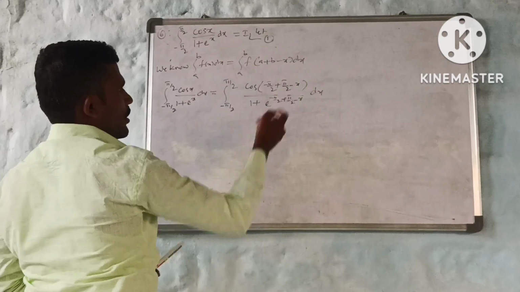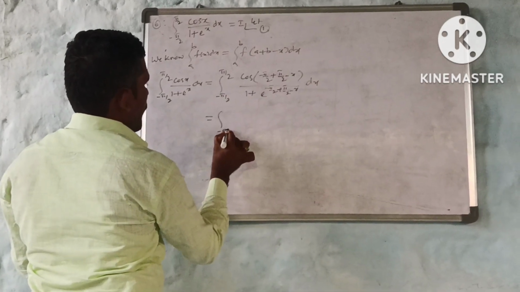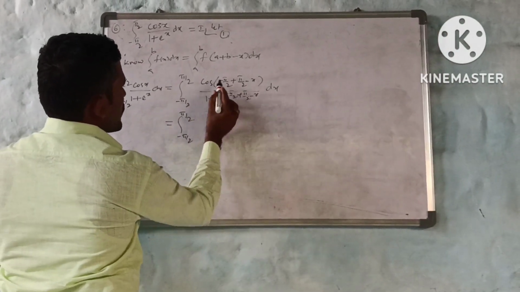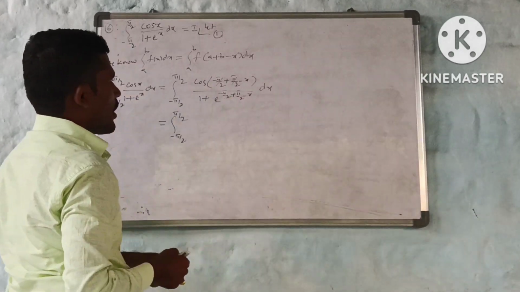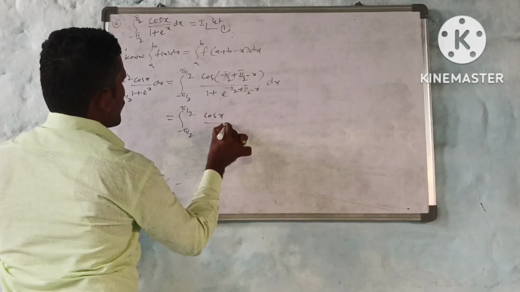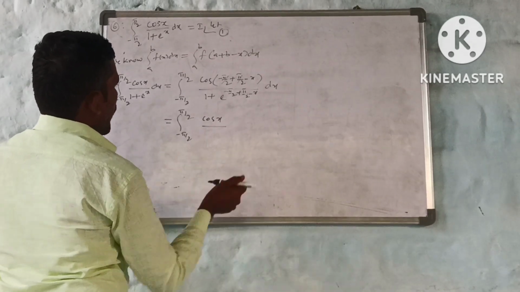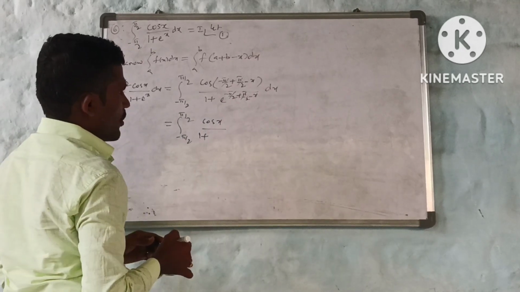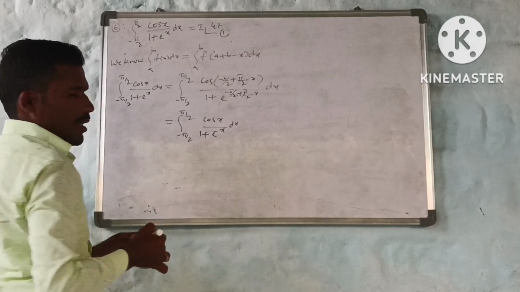So here also in terms of x, we have to simplify, minus pi by 2 to pi by 2. Both will get cancelled: cos of minus x is cos theta only, so we get cos x. In the denominator, minus pi by 2 plus pi by 2 will get cancelled, then we get e power minus x dx.